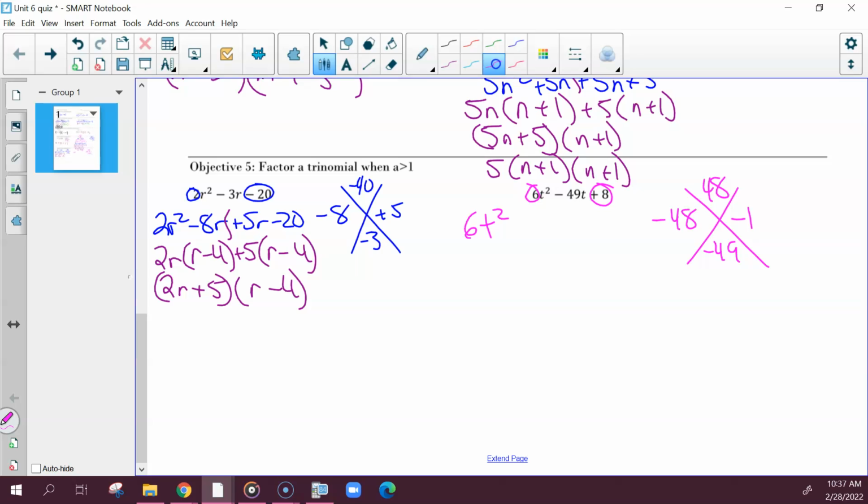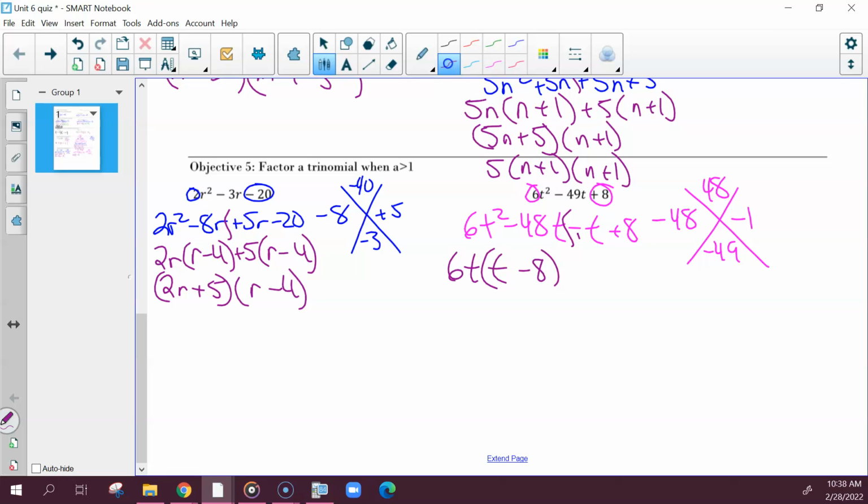Make this 4 terms: 6t squared minus 48t minus t plus 8. Split the middle. Factoring out of the first two, we'd have 6t, which would leave us with t minus 8. What can we divide out of the last two? We could do 1. We could always factor out a 1.